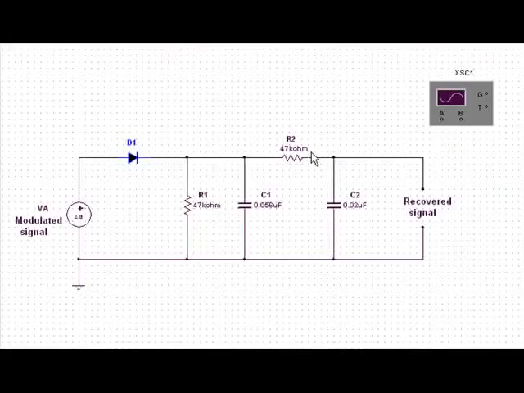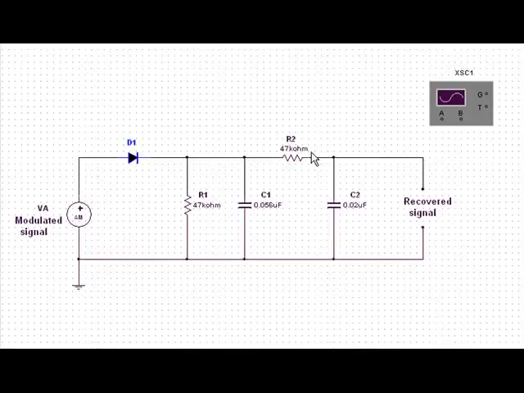Okay, we are in Multisim, and we're looking at the simulation of a simple AM detector circuit. This is in the circuits that came with your text. It is titled Figure 09_26.MSM, so I encourage you to run this simulation. First of all, we have an AM modulated signal here.